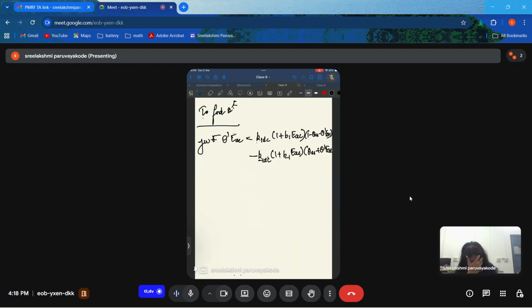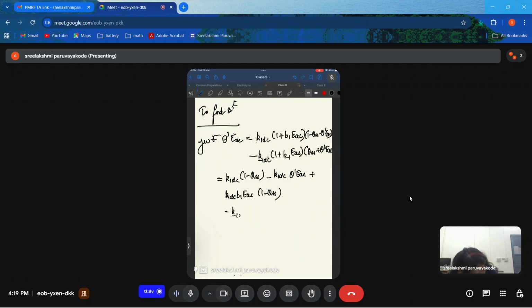Now we have to similarly remove the bracket and expand: K1 dc 1 minus theta SS minus K1 dc theta dash EAC plus K1 dc B1 EAC 1 minus theta SS. The next step, K1 dc B1 EAC into theta dash EAC, will go because EAC square is not possible.